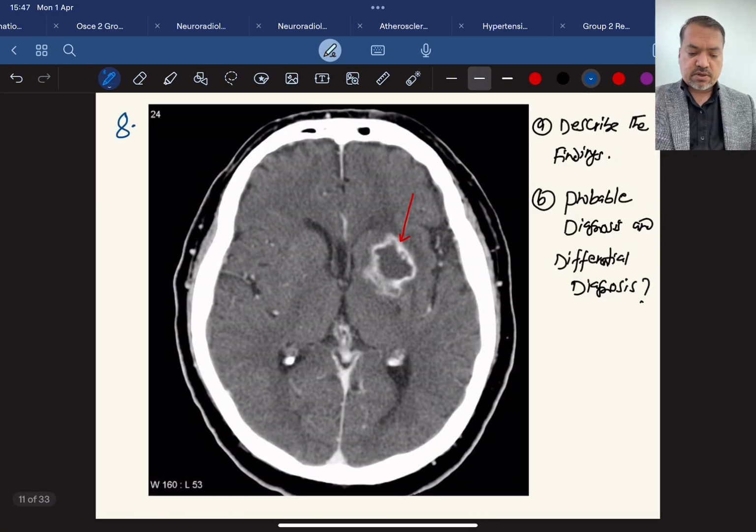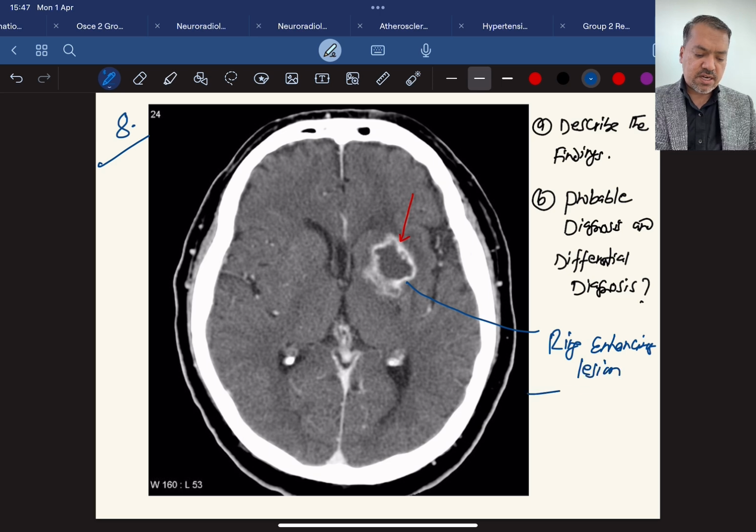Another one. Describe the findings again, and what are the probable diagnosis and differential diagnosis. These findings are called a ring enhancing lesion, and this is a contrast enhanced CT scan. So the contrast enhanced CT scan shows a ring enhancing lesion.